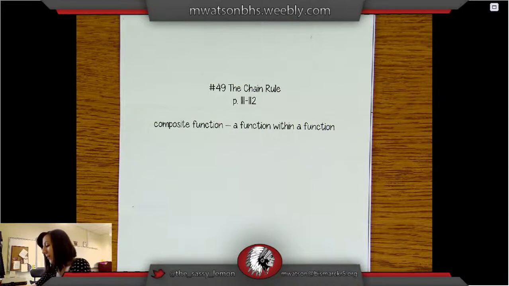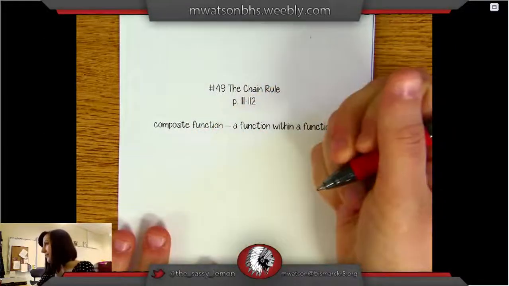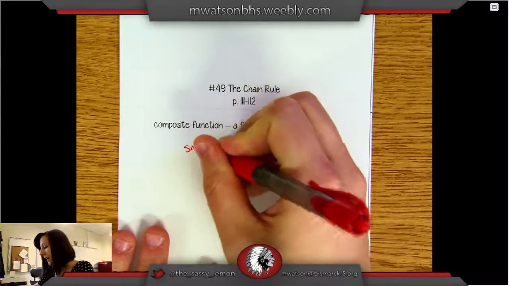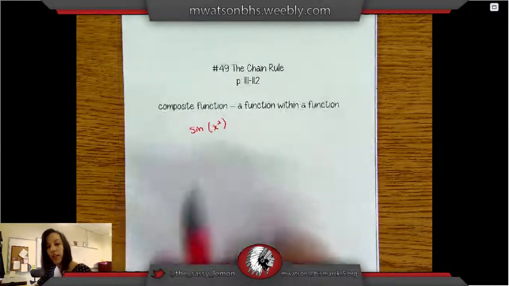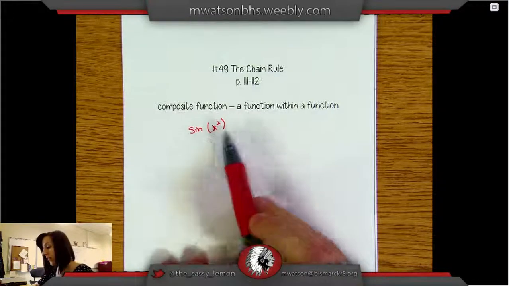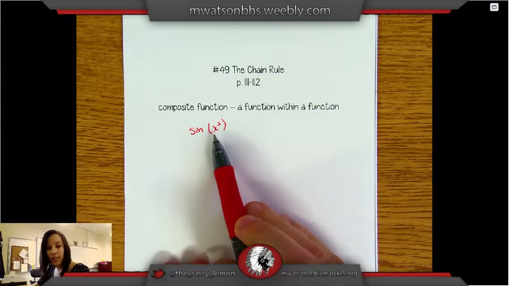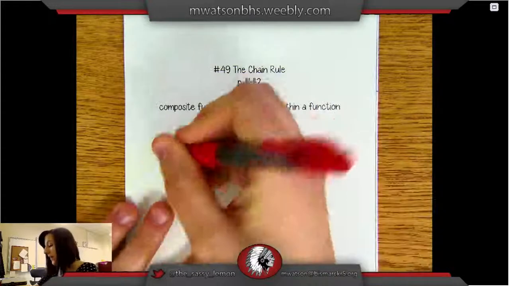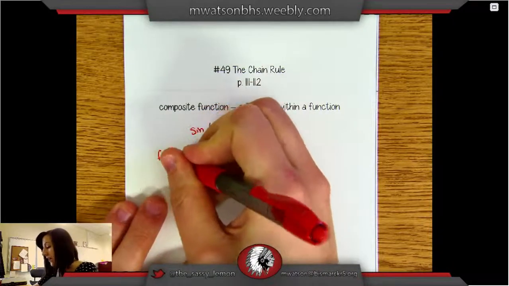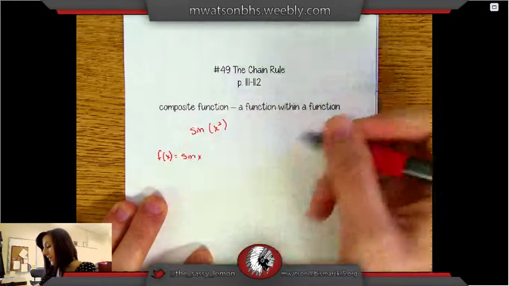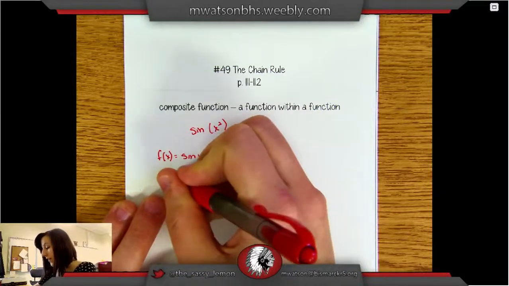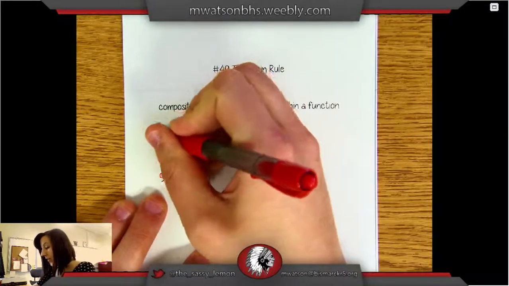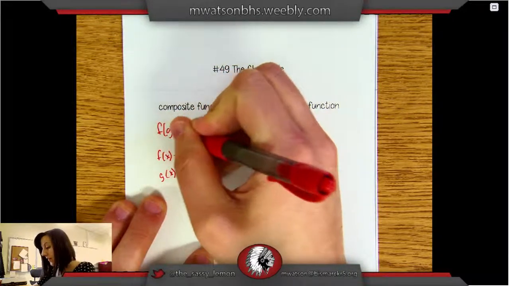So for example, say you have, I don't know, sine of x squared. This is considered a composite function because x squared is in the place where we would normally just have x. So you might say that f of x is sine of x, g of x is x squared, and this up here, well, it's f of g of x.